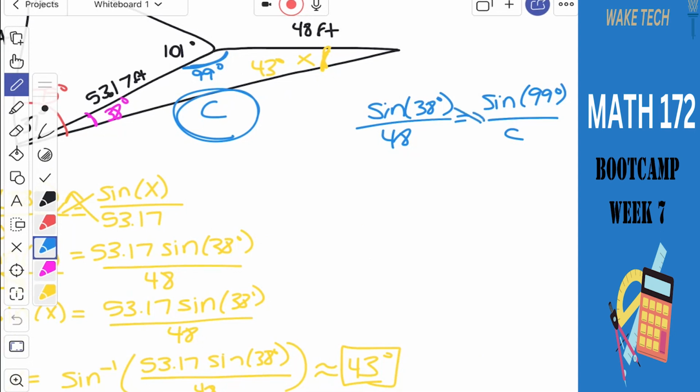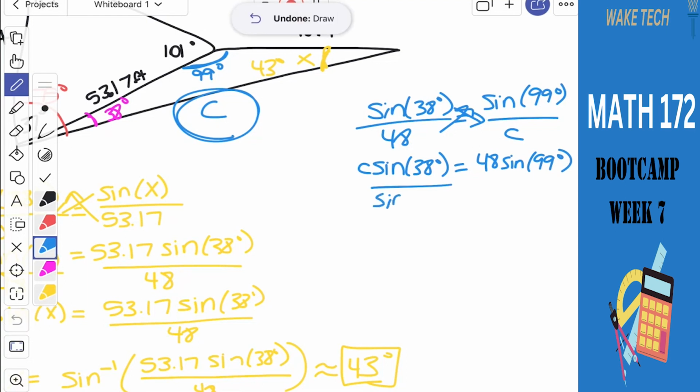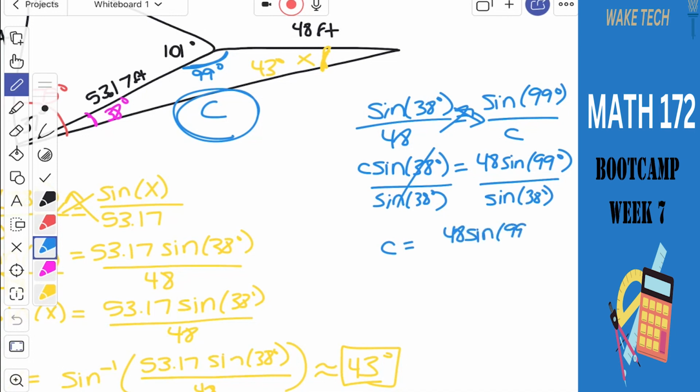Cross multiplying, we get C sine 38 equals 48 sine 99, and so C is equal to 48 sine 99 over sine 38.